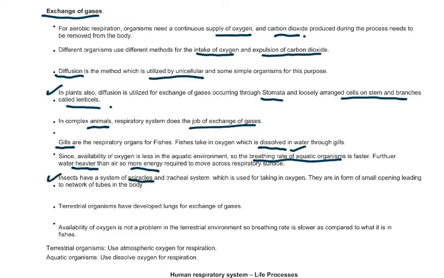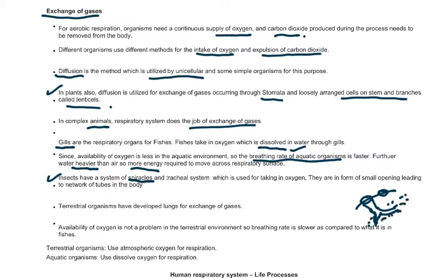Now if we consider insects, we have small openings on the surface of their body. These small openings lead into tube-like structures known as trachea. These trachea further divide to form small tracheoles which are dipped inside the body cavity. In most insects, the system is an open type.